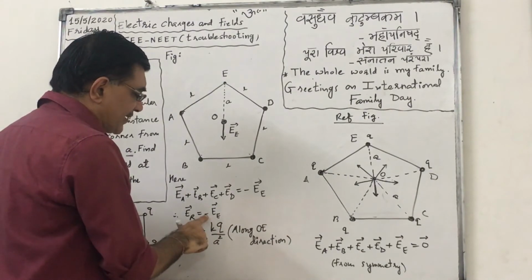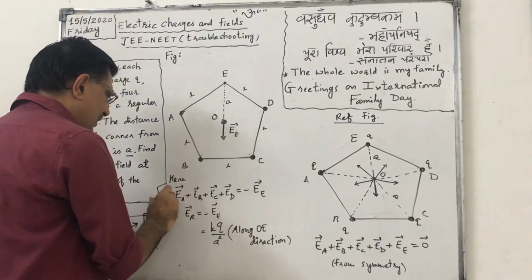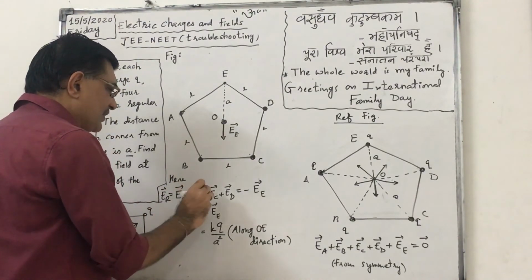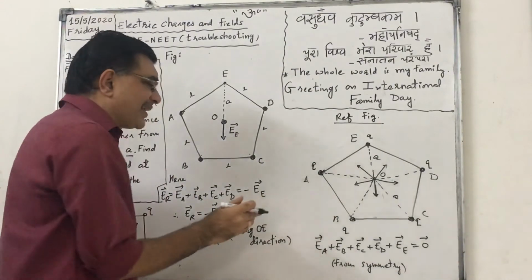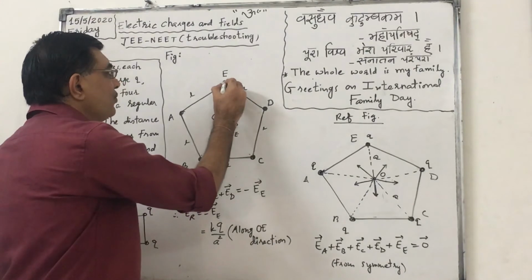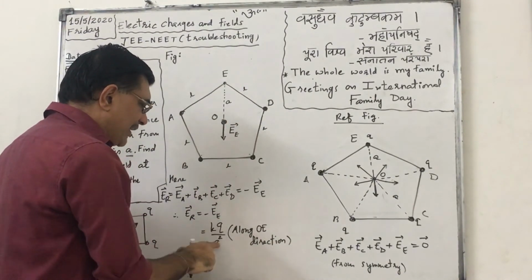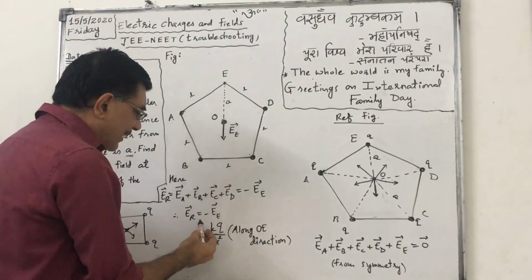But here there is a minus sign. So the resultant of these 4, E at R, that is EA plus EB plus EC plus ED, equals minus of EE, equals Kq by a square, the direction being minus of EE.